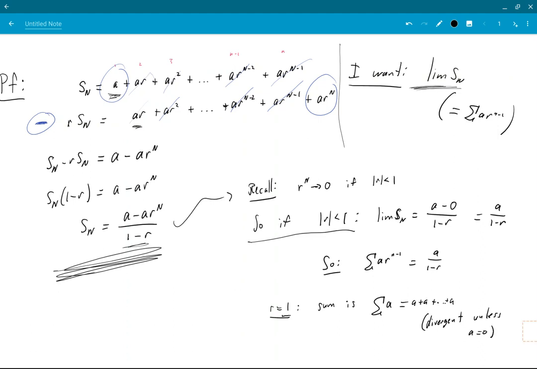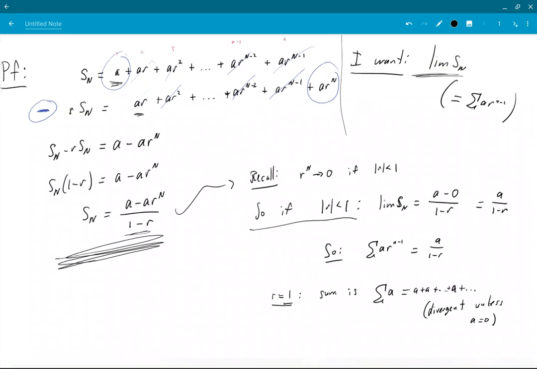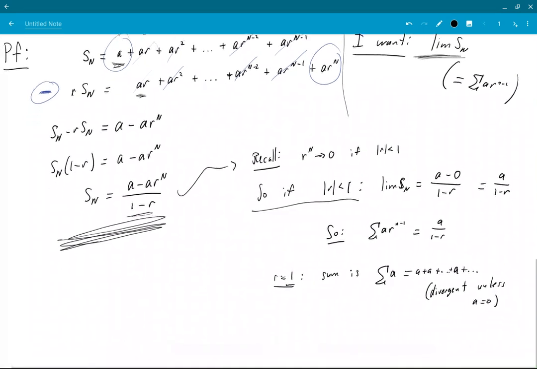If you add up an infinity of non-zero a's, it's not going to converge. I'm using some logic there, which I'll make more precise later on, but hopefully you agree that if I add up an infinity of a's that are not 0, then it's going to diverge.